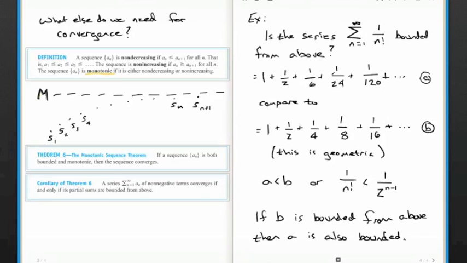Because I know that the series I'm interested in, which is this factorial series, is always less than this one, right? And it's just convenient that this one is less than one that I know. Then this one certainly will be bounded. Bounded to what? I don't know. What is the sum? I don't know, but at least I know it's bounded.